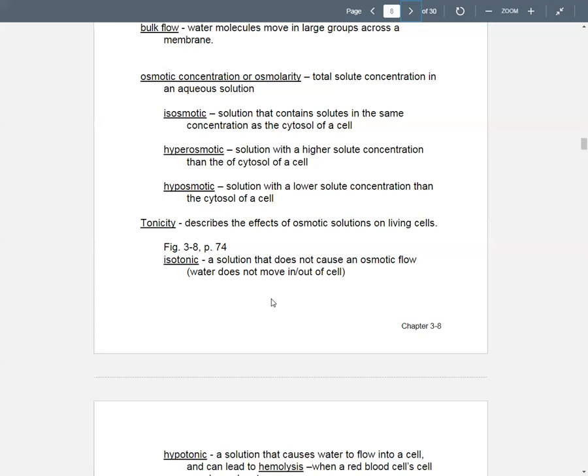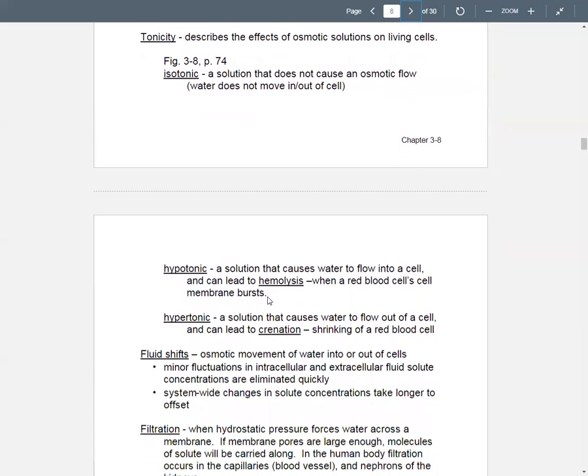All right, you can also describe the cell membrane and osmosis and diffusion in terms of tonicity. So this is basically how these osmotic solutions affect living cells. You probably heard these terms in lab: isotonic, hypotonic, hypertonic.